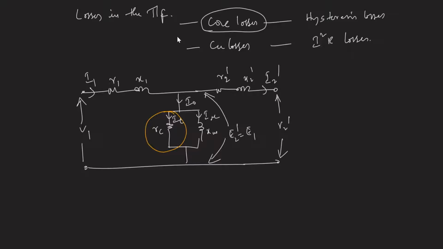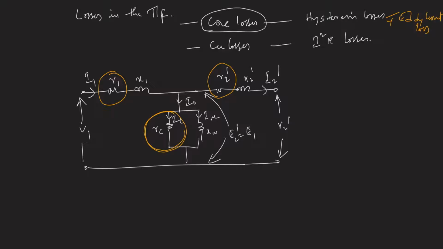What all losses take place in the core, that is hysteresis losses and eddy current losses, are represented by this RC limb, and copper losses, I1 square R1 and I2 dash square R2 dash, are represented by the equivalent resistance in primary and secondary resistance values, right?